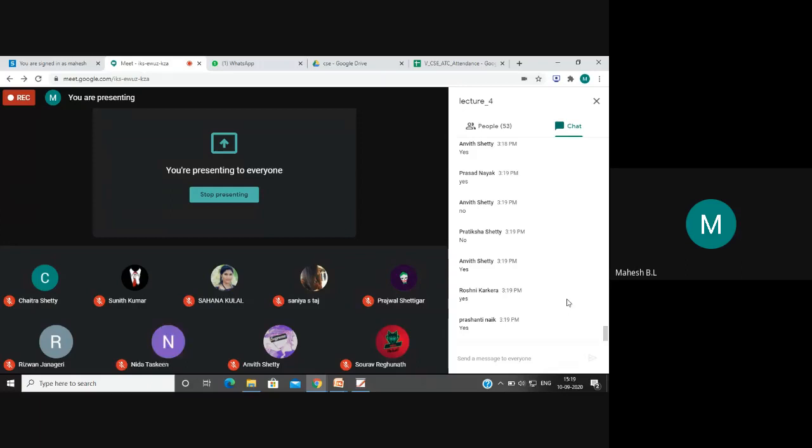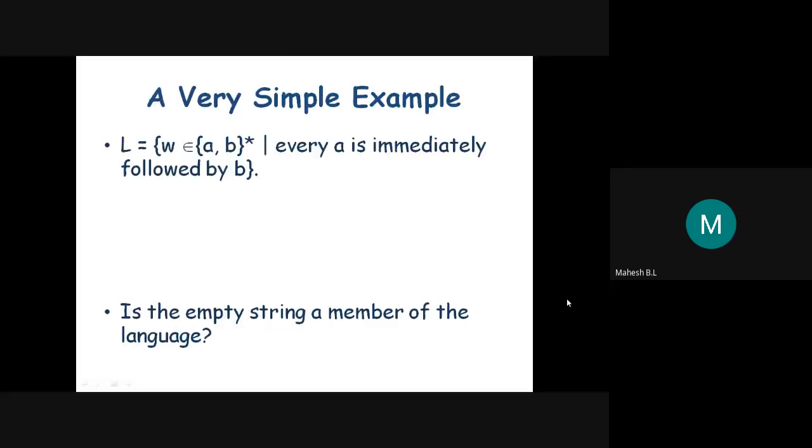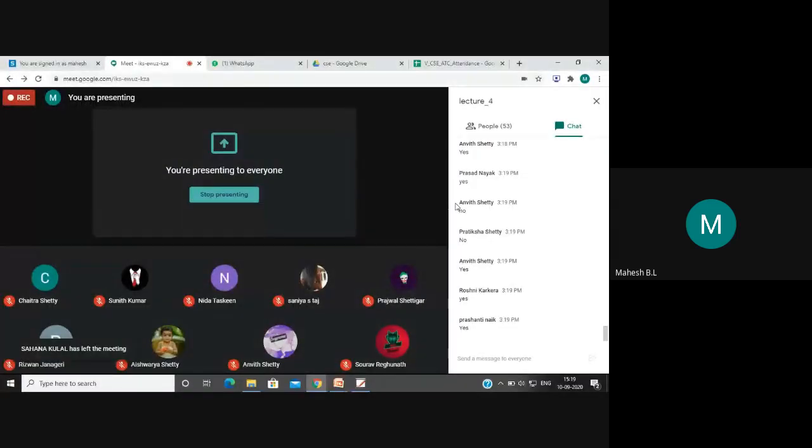Why? Because the description of the language says every A is immediately followed by B. If there are no A's, then B's are not needed. That means the string can be empty. Empty string is nothing but epsilon. That's why epsilon belongs to the language. Is it clear? Every A should be immediately followed by B. But if there are no A's, B's are not needed.